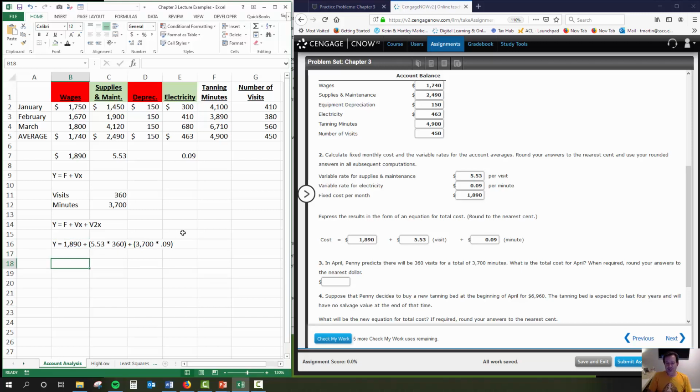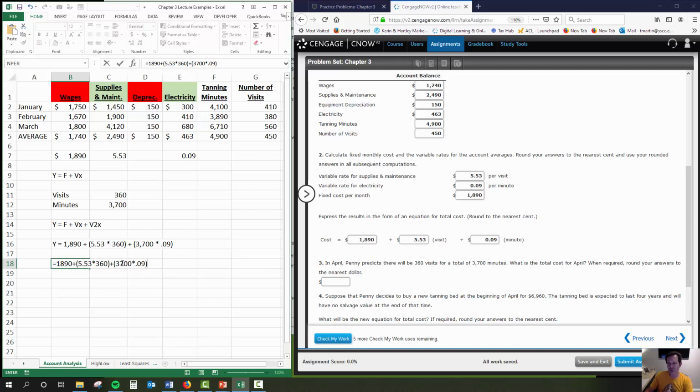So I'm going to set up and do the math here. We just make a formula. And just like that, there's my fixed cost right there. I'm adding in the variable at that level of activity.